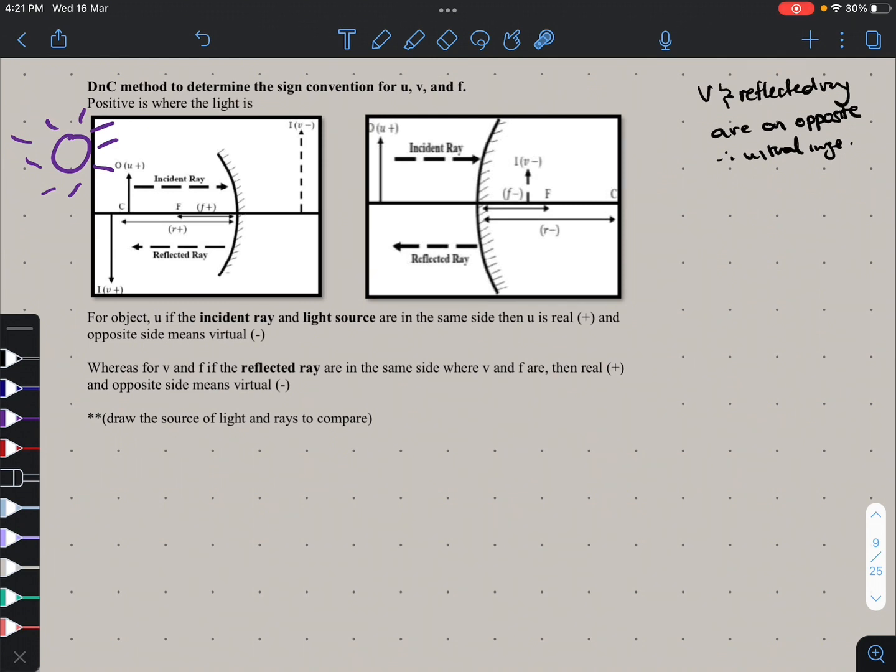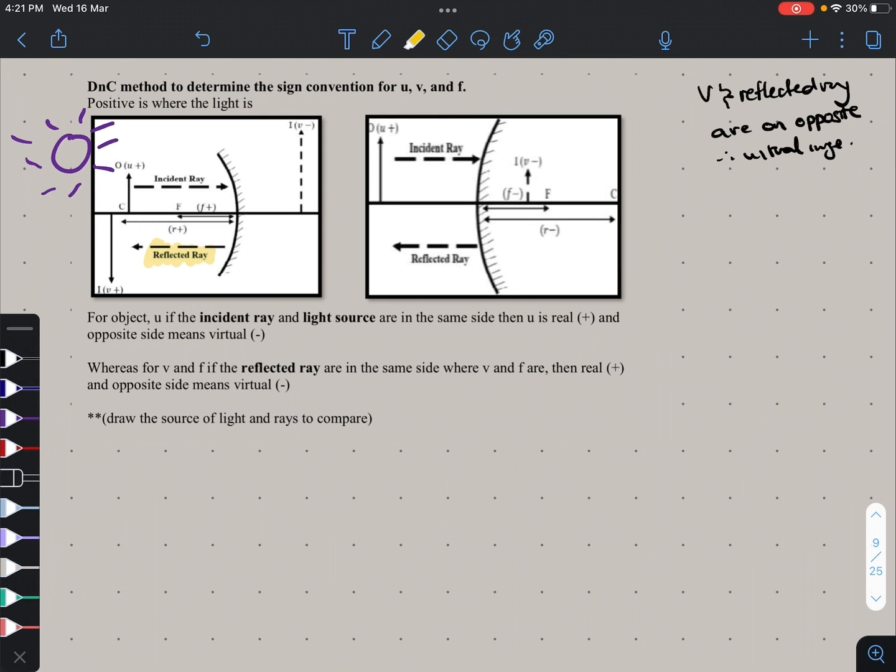Okay, for the image pula dekat sini, untuk tahu image kita real ataupun virtual, you have to look where your image is formed, ataupun you have to compare your image dengan your reflected ray. Okay, bila kita ada objek dekat sini, objek akan ada incident ray. Lepas dia bertemu dengan cermin, kita akan ada reflected ray yang patah balik daripada cermin. So this is your reflected ray.